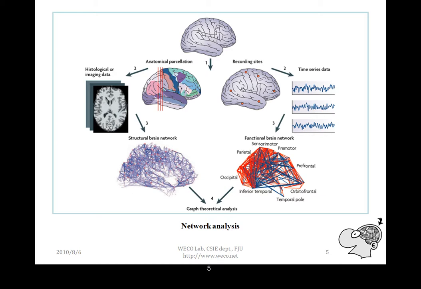Also, we can build functional connectivity or functional brain networks from the EEG statistical data. Finally, we can apply a threshold to this network and use graph theoretical analysis to extract features we are interested in, to see patterns and the relationship between cognitive patterns and functions or behaviors.